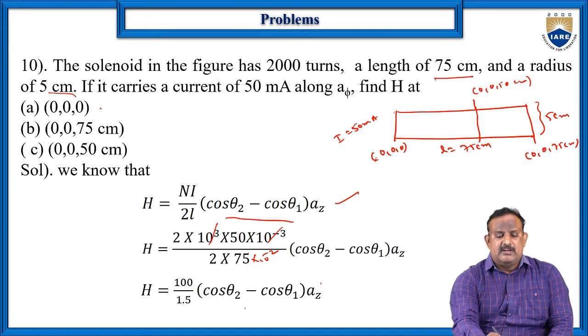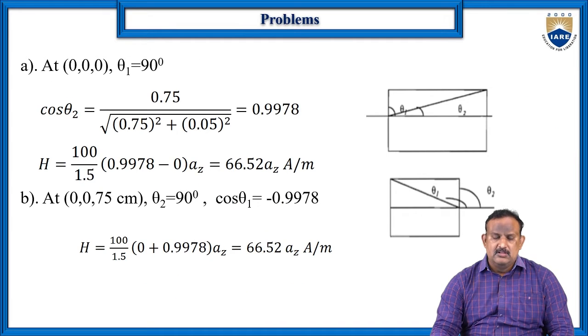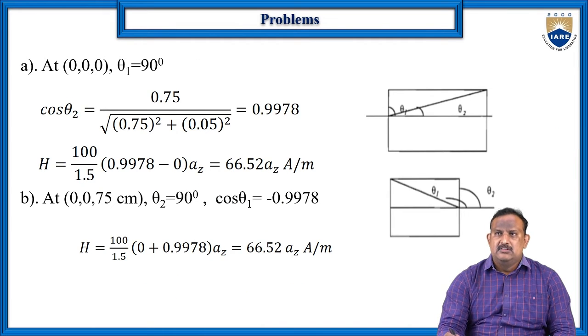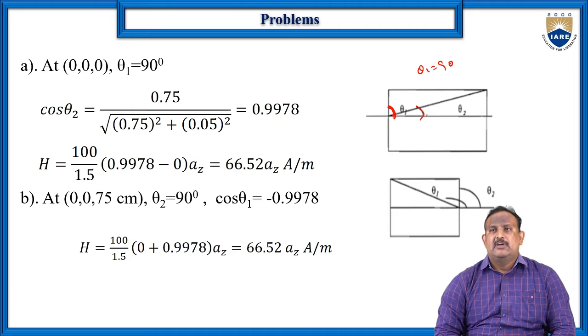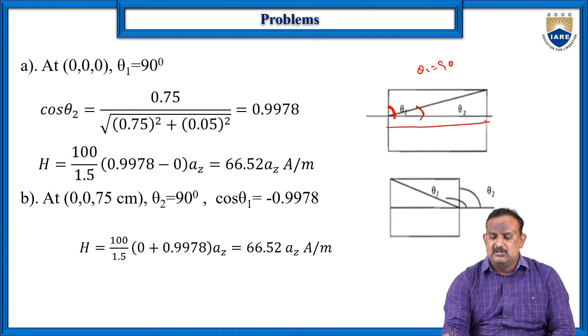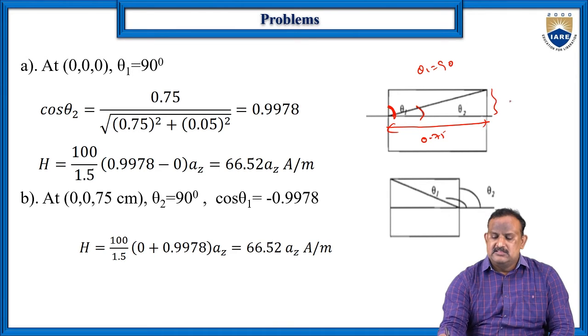Now we need to find the magnetic field intensity at the starting of the solenoid. At the starting of the solenoid, theta 1 equals 90 degrees, and we don't know the theta 2 value. We can find theta 2 using the distance: the total distance is 0.75 meters and the radius is 5 centimeters, which is 0.05 meters.